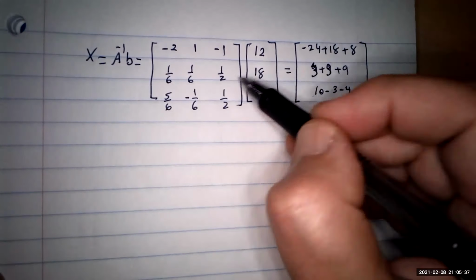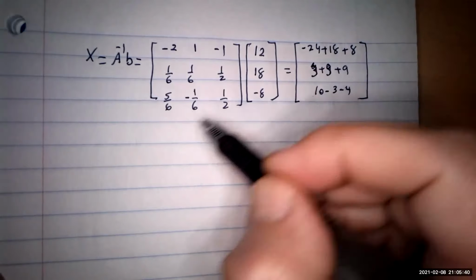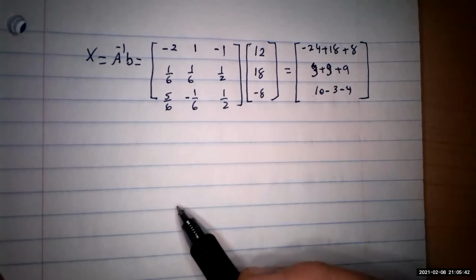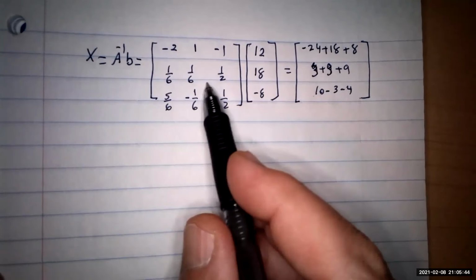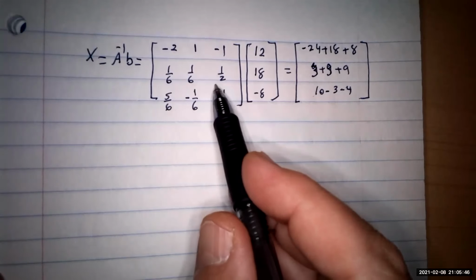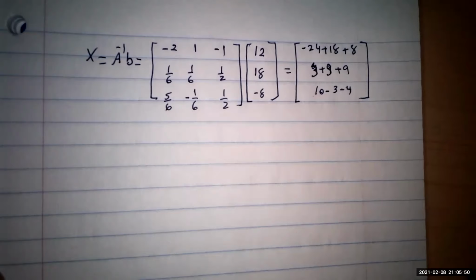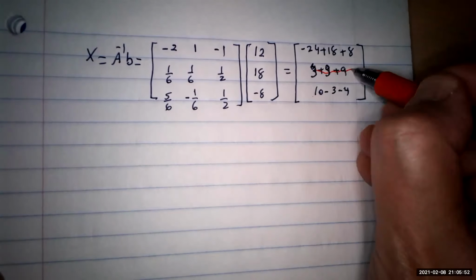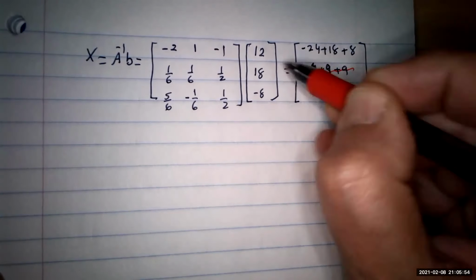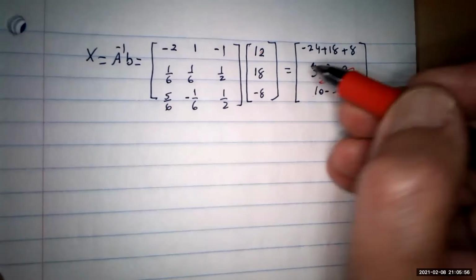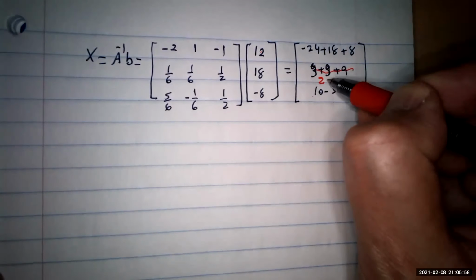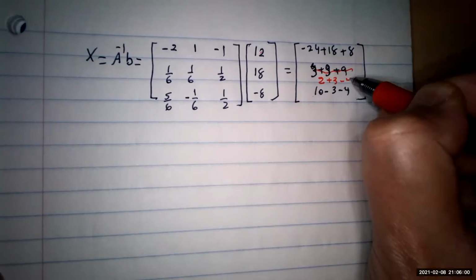It's going to be 2, 3. When you multiply this, 2, 3, negative 4.